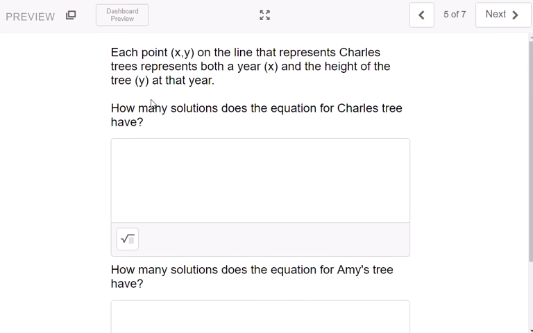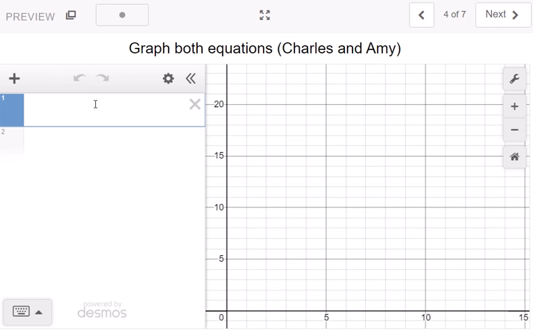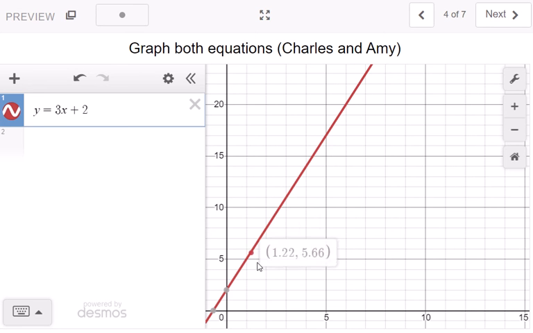If I have the equation Y equals 3x plus 2, this is an important idea. Each point on this graph represents a solution to this equation. So I can see when x is 1, y is 5. When x is 2, y is 8. When x is 3, y is 11, and all these other points in between.